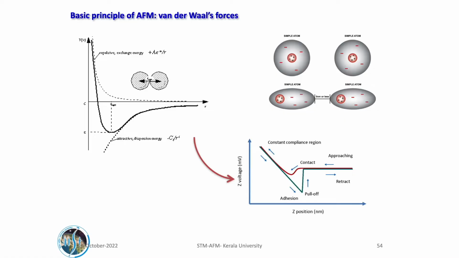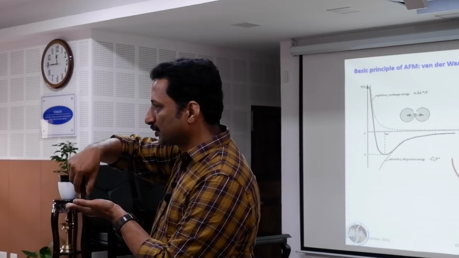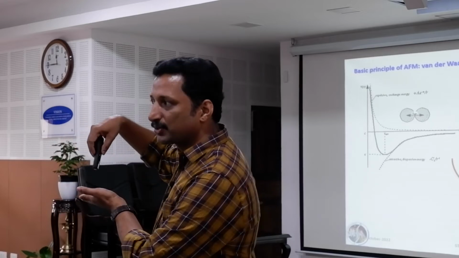Here we are measuring force. The force will be larger if the tip is really touching the sample. Because according to that curve, if the tip is touching the sample, the force is maximum. And we can actually increase the force, but then we will be in the repulsive mode that will damage the tip, because we are pressing on the sample. So first of all, this is called contact mode.